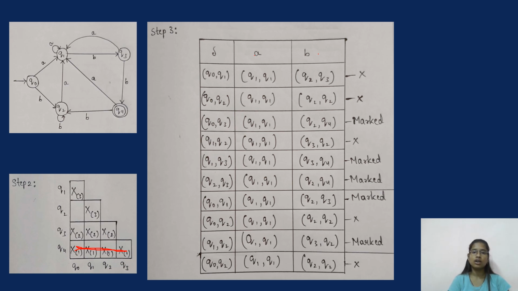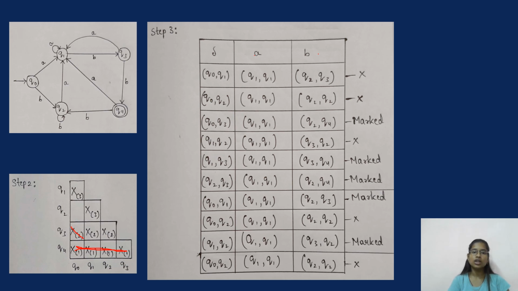Next we'll move to q0 comma q3. q0 on A moves to q1, q3 on A moves to q1, q0 on B moves to q2, q3 on B moves to q4. We'll check q2 comma q4. It is marked in the previous step, so we'll mark this q0 comma q3.